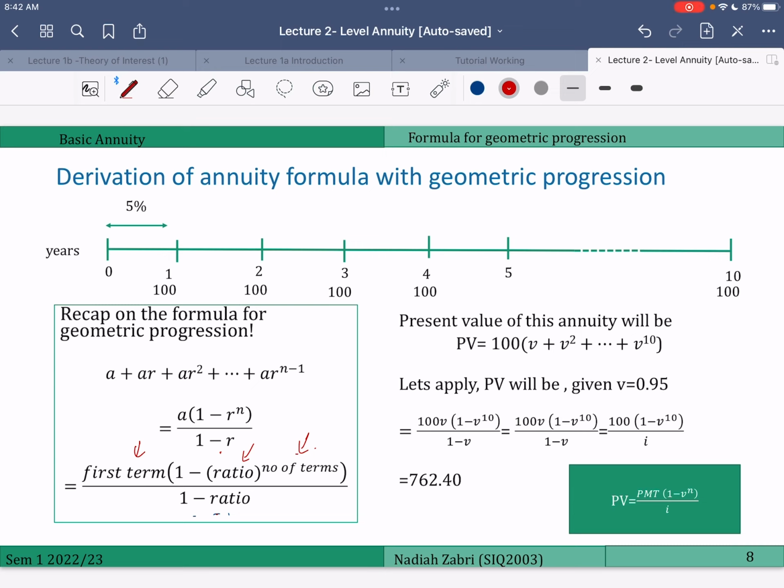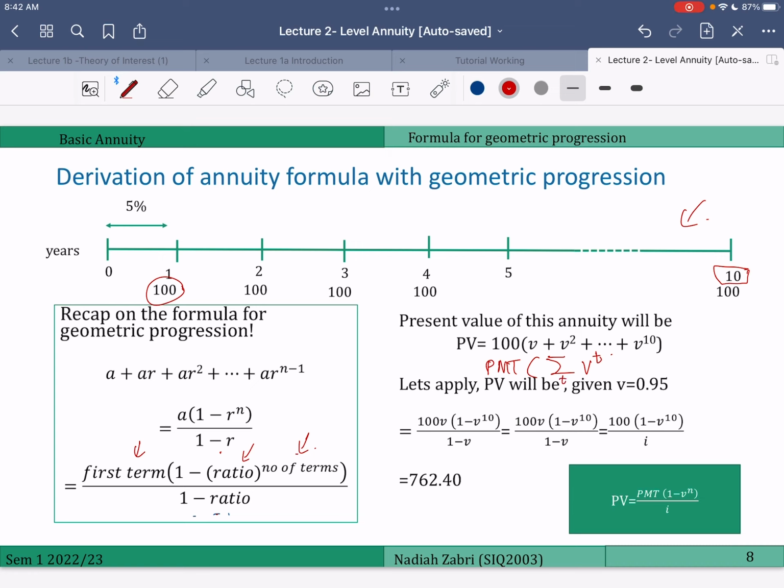So now let's try to apply that geometric progression formula onto our first annuity. This annuity is illustrated as follows. It has a level payment of 100, over 10 years, and it is paid in arrears, which is an annuity immediate. So the present value of this annuity, you can write it as follows: 100, which is the level payment, times our annuity immediate formula.